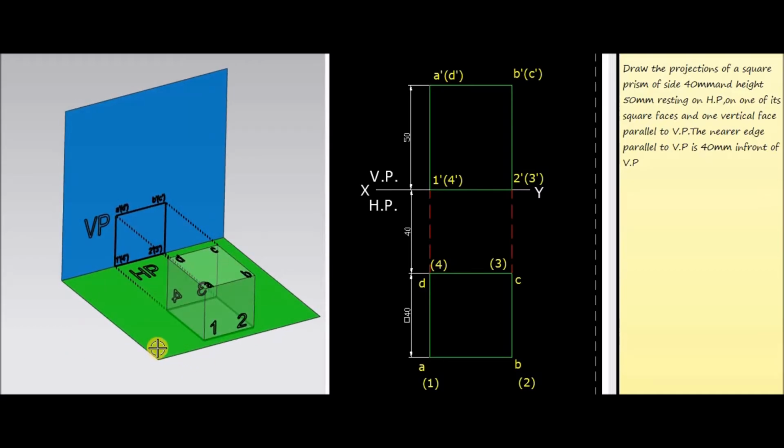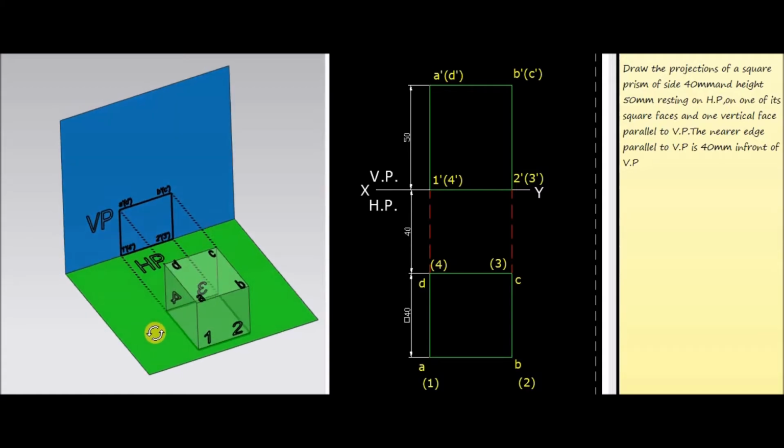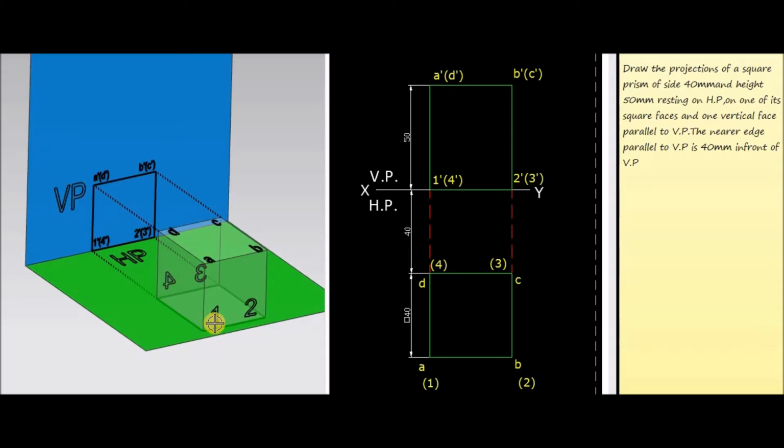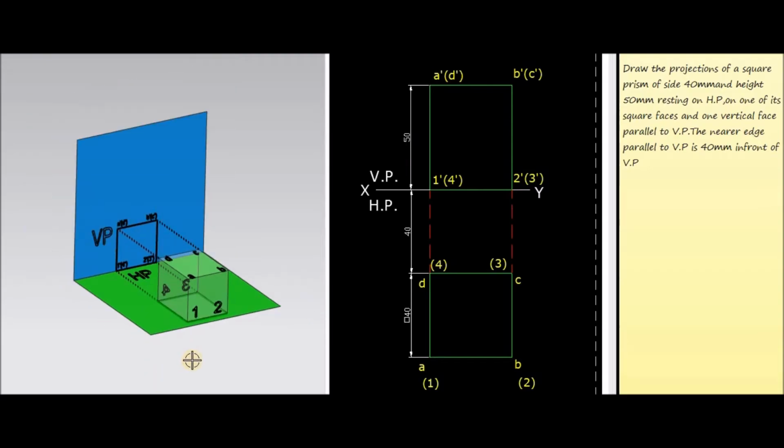Now this is the case of a square prism. That square prism is represented by the top corners A, B, C and D. Bottom corners are represented by 1, 2, 3 and 4.